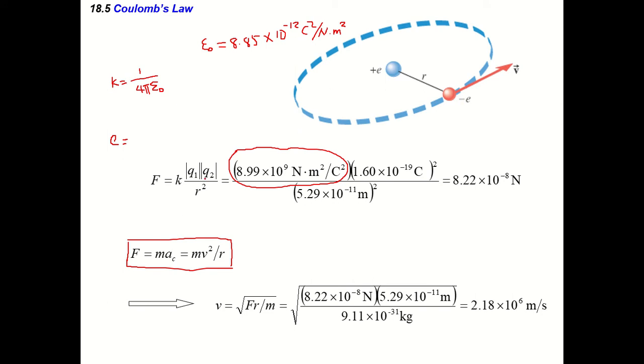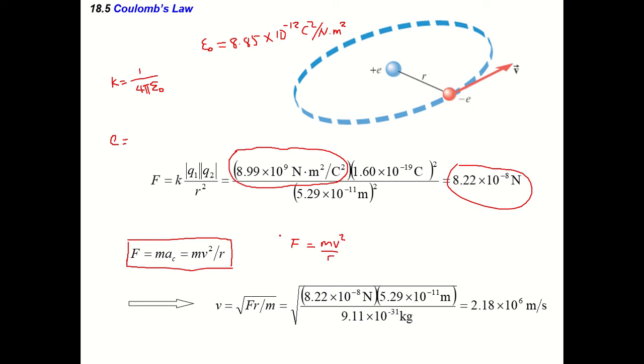So substituting, F is already calculated. We got this F here, then substitute it in this equation. You can have F equal to mv squared divided by r.